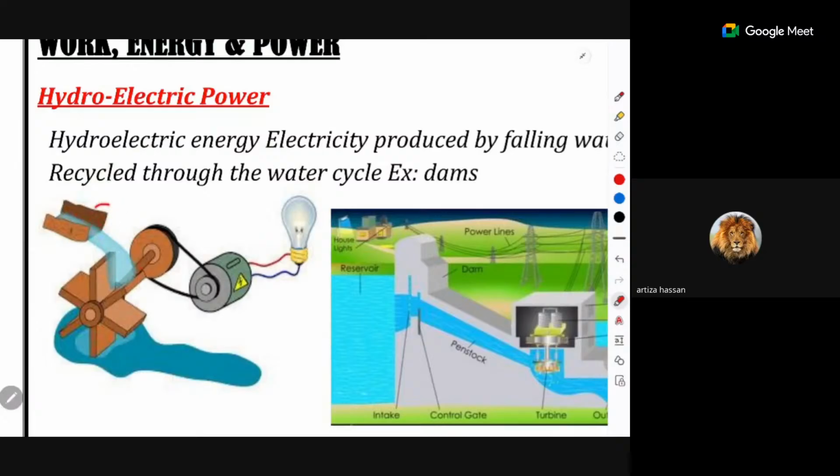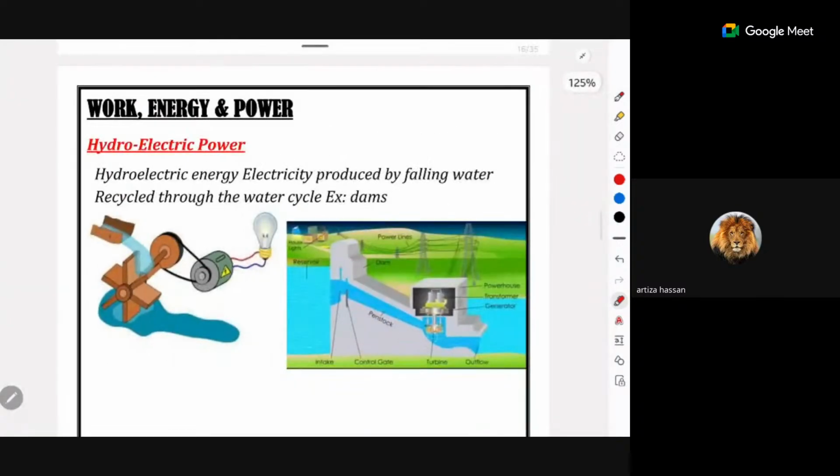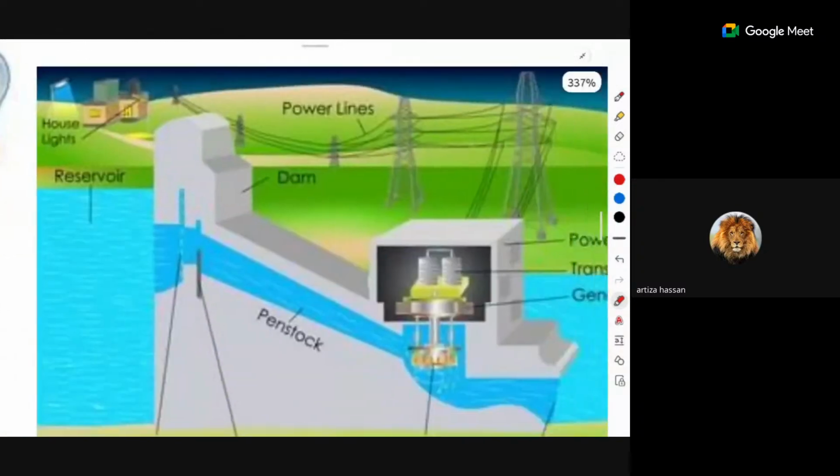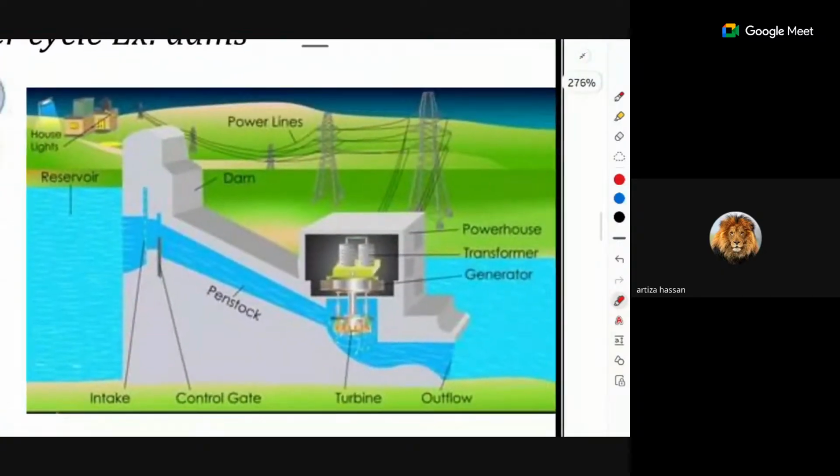You just throw some water on this turbine, and this turbine is connected with a conveyor belt, and then it is connected with the motor. The shaft of the motor is rotating, and that shaft is converting the mechanical energy into electrical energy, and then this lamp works.